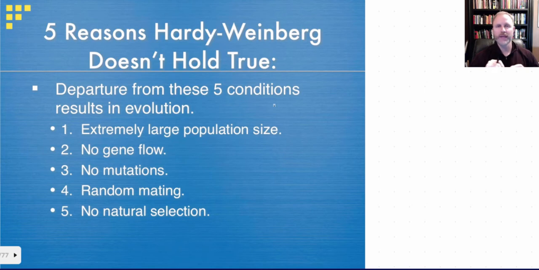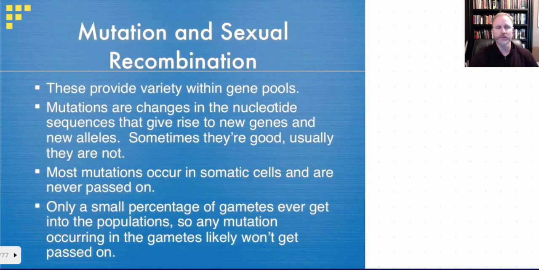All of those types of things lead to choosiness within mating systems. And then, of course, the organisms are interacting with their environment, so we have natural selection occurring. These are really why Hardy-Weinberg doesn't hold true, and why we can say that populations do change through time, which, of course, is evolution.